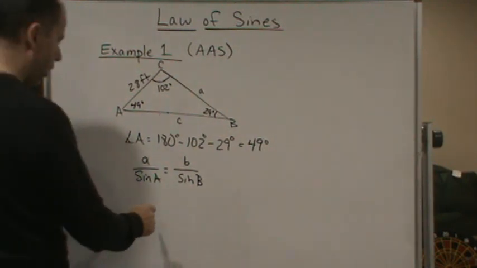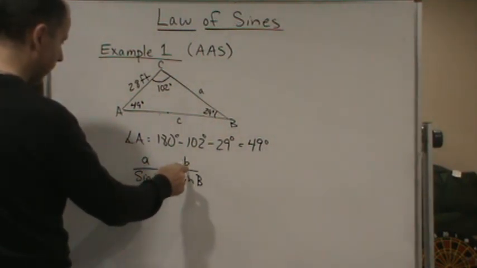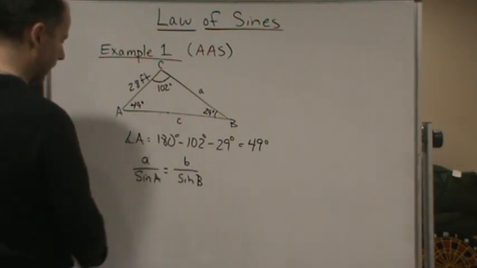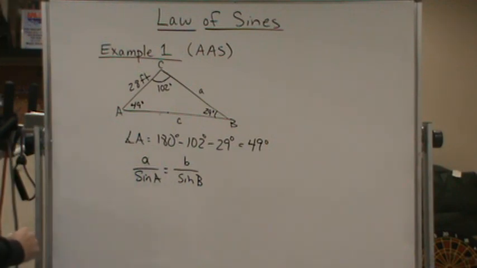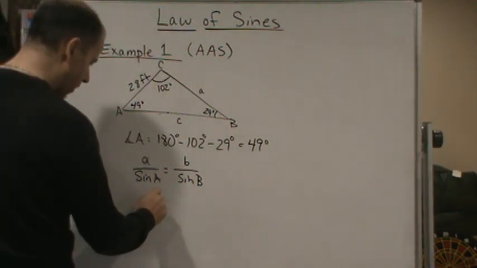We know B, and we know sine A, and we can get sine B, since we've got those angles. The only thing we don't know is A. So let's solve for A.